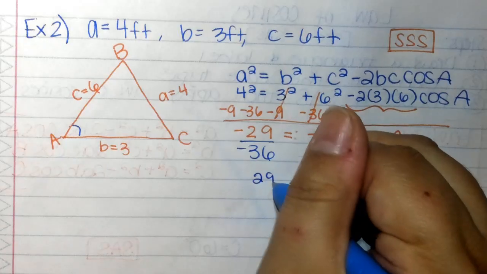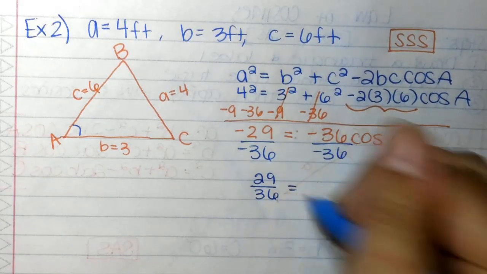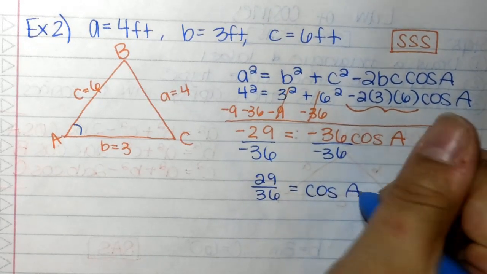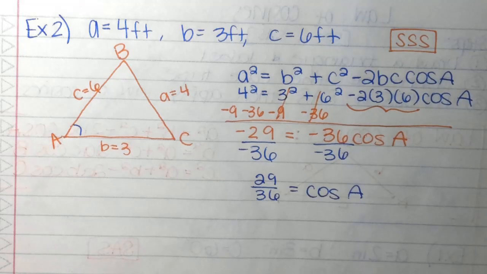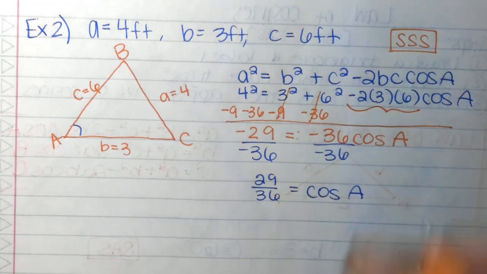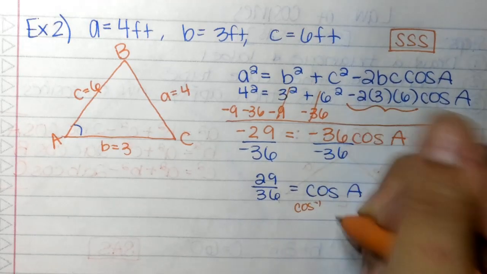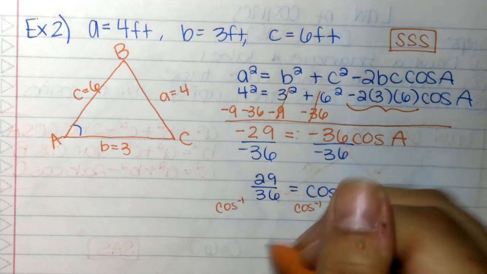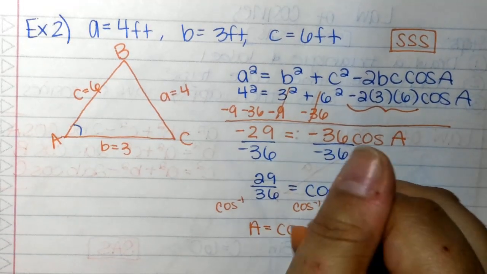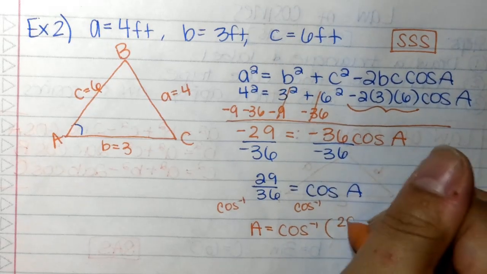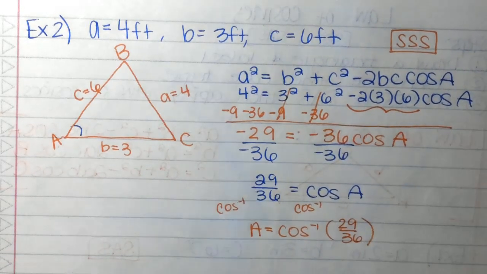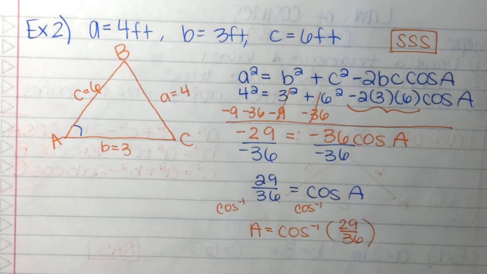So this is going to be 29 over 36 equals the cosine of A. How do I get A by itself? Inverse. And put that in your calculator.